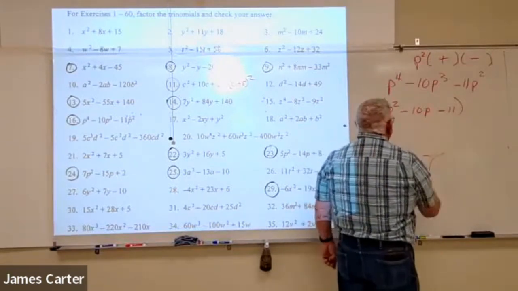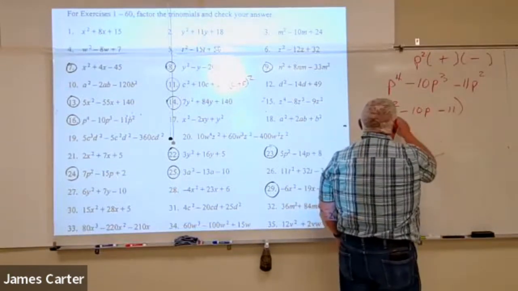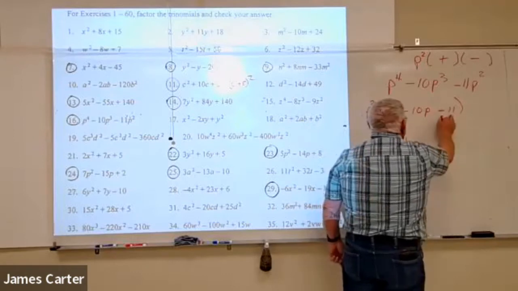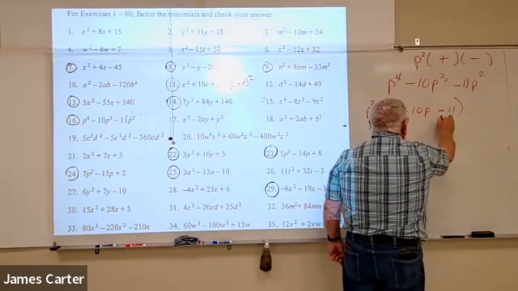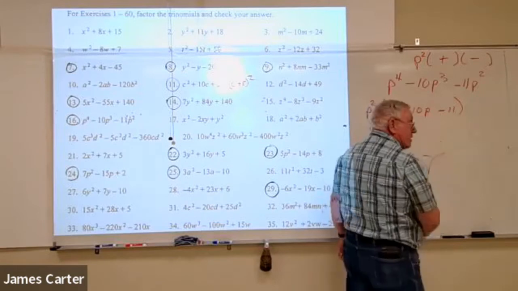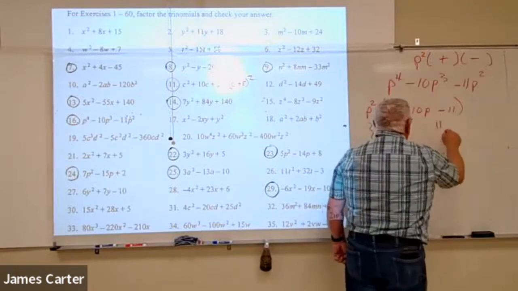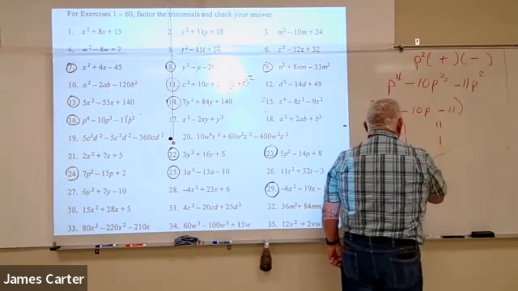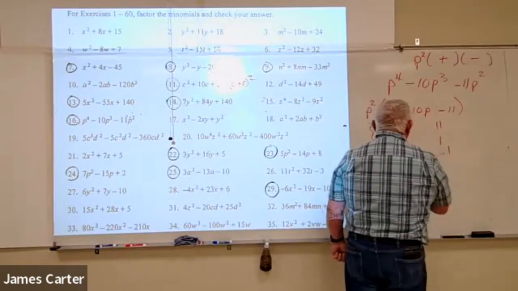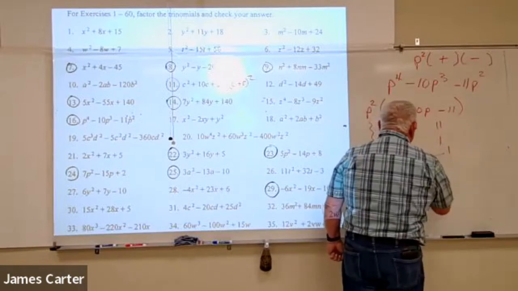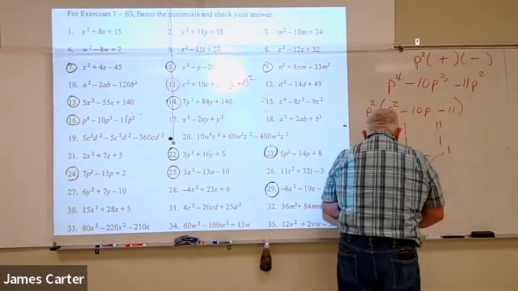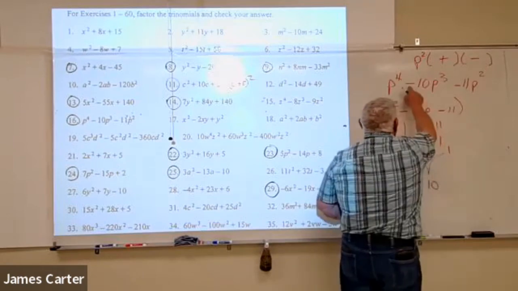Now we need to factor this thing. Well, I got a 1, 1 here. And 11 minus 1 makes 10, right? So 11 this way, 1 this way. We subtract them and get 10. Rule of signs then, that's negative.